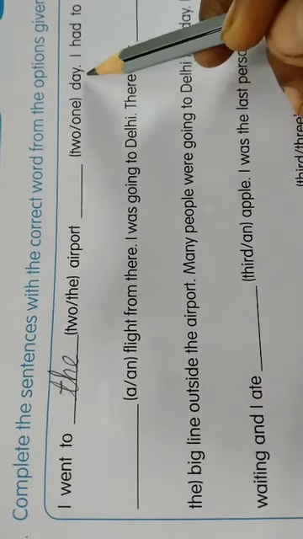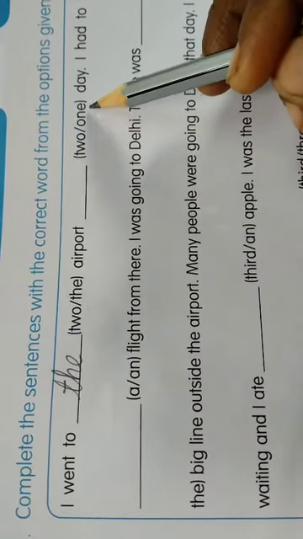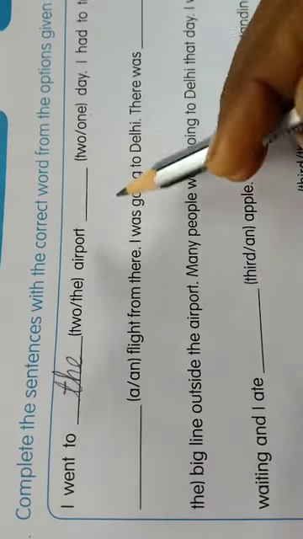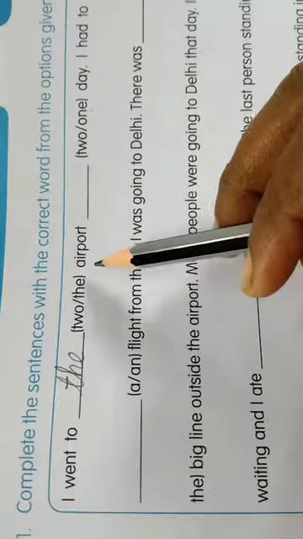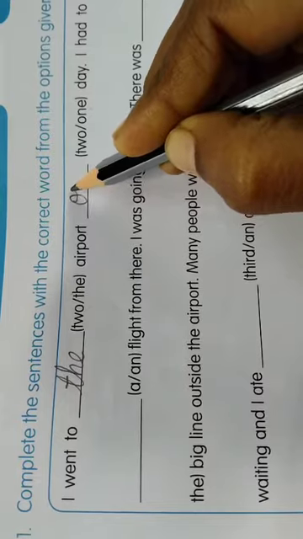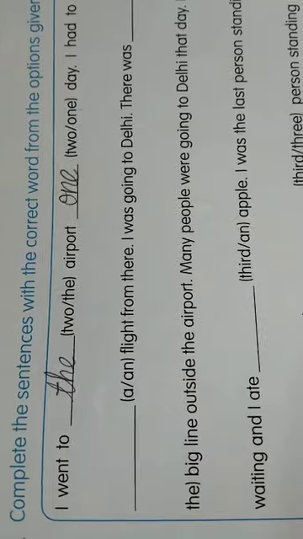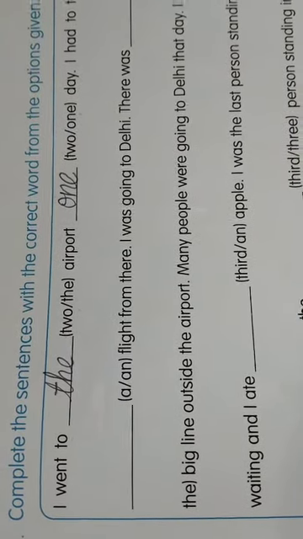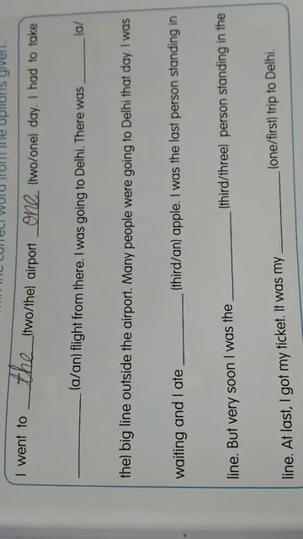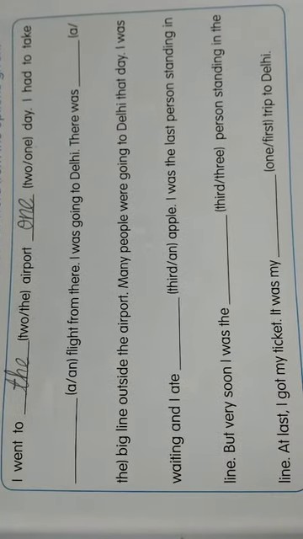One day, two day or one day. Which one is correct from these two? One day. I went to the airport one day. O-N-E, one. Right, like this. Try to complete this question on your own by reading this story and then complete this worksheet, ma.